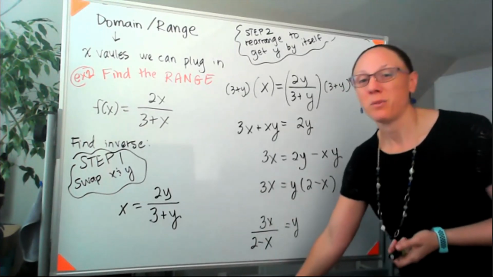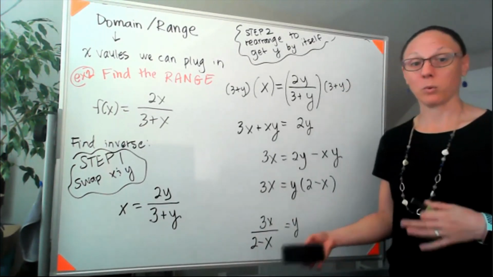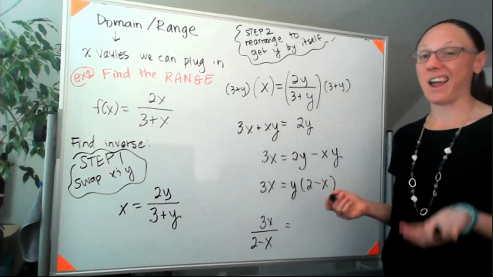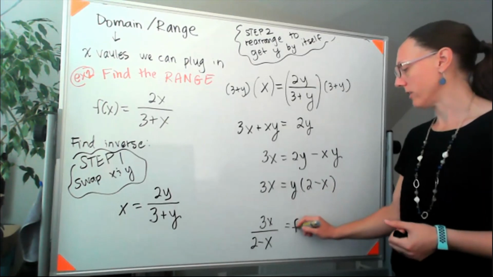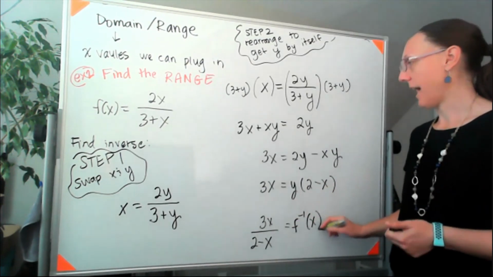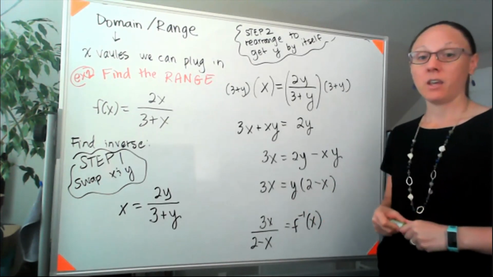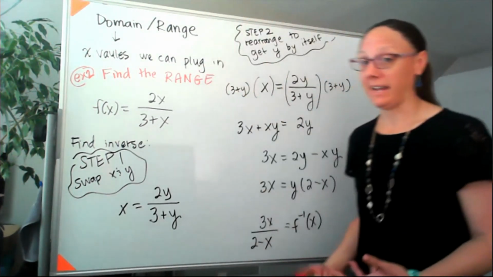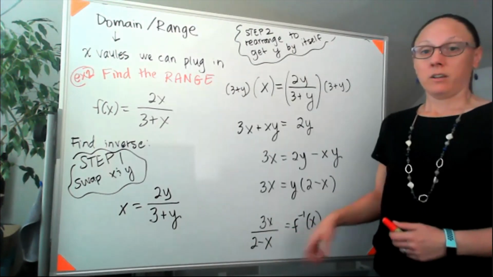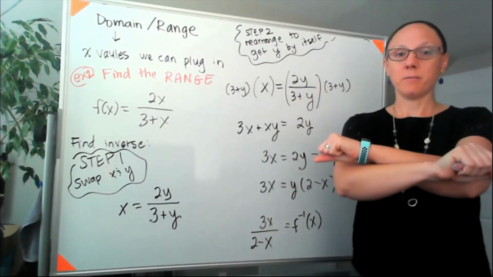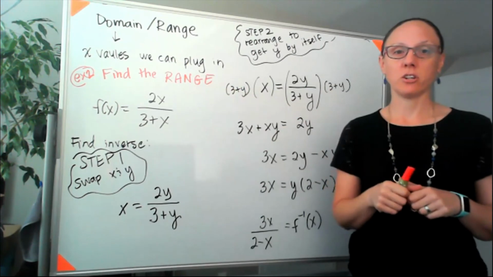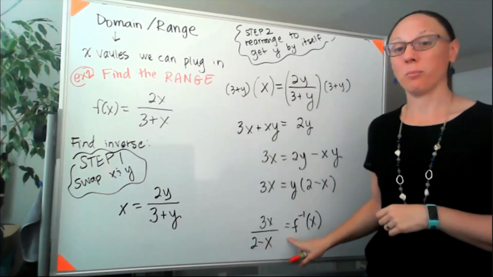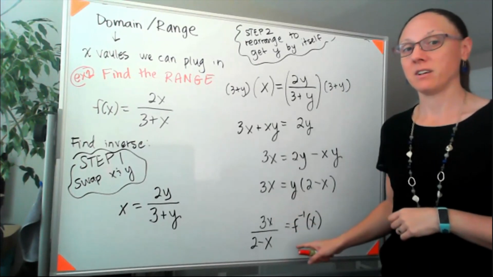That third step that sometimes we don't even write as a step when we're doing the inverse is to rewrite the y, because it's not actually y from our original function. It is f inverse. Now that I have an f inverse, I'm going to stare at that and say, we swapped the x's and y's. I was trying to find the range, which went with the y, but we swapped it into the x. So now I need the domain of f inverse.